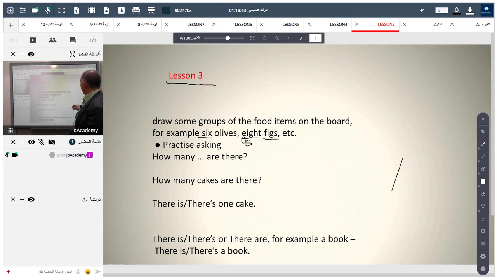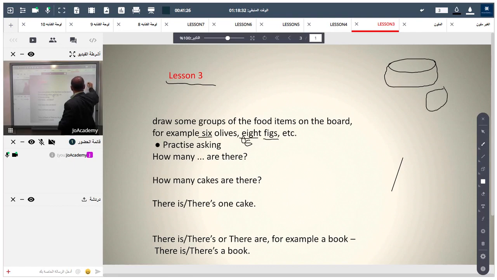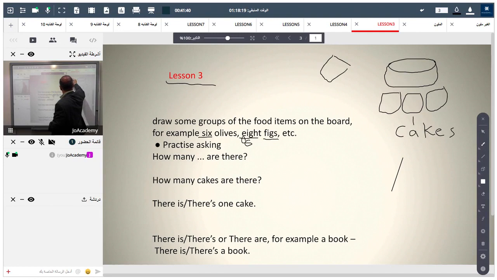How many cakes are there? There are 1, 2, 3, 4.